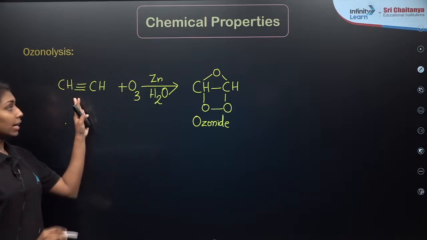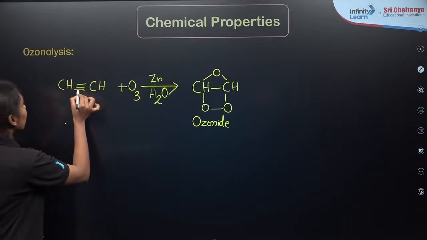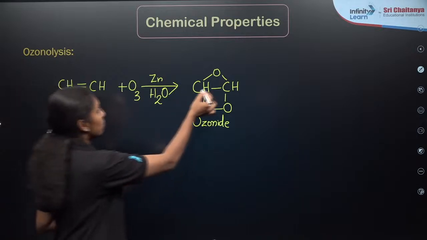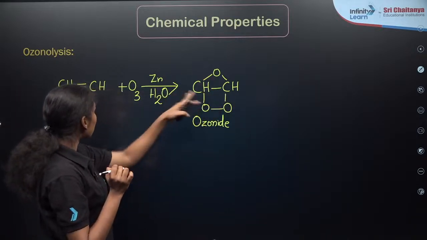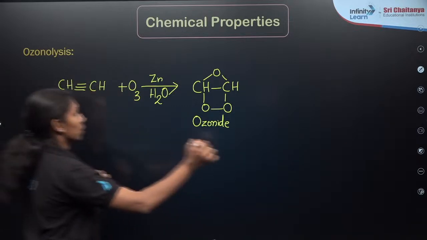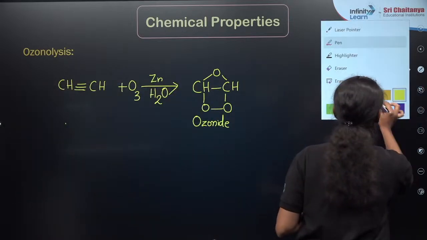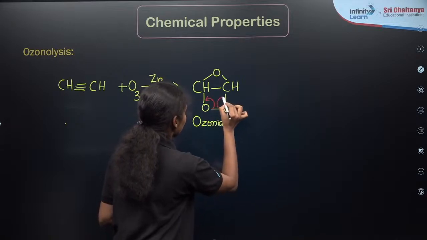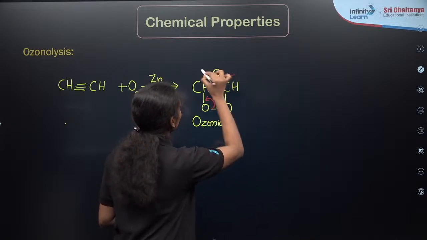As you can see over here, instead of alkene, here the CC bond remains intact, right? There will be a CC bond. Then ozone molecule is combining here to form an ozonide molecule. Then what you are observing here? Here this bond will break like this, and this bond cleaves from here.